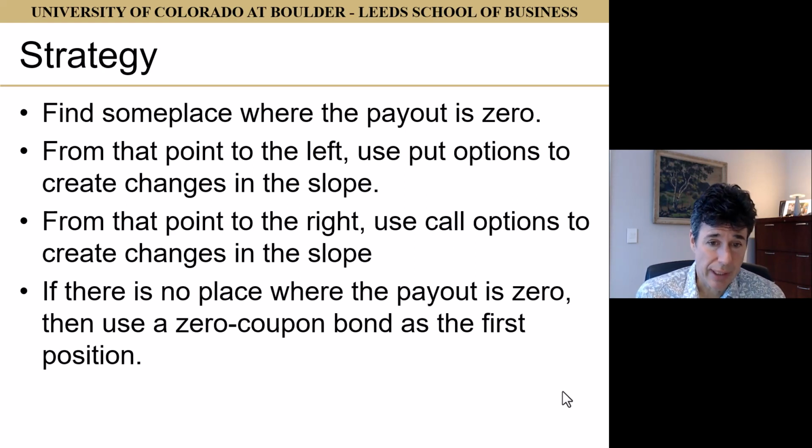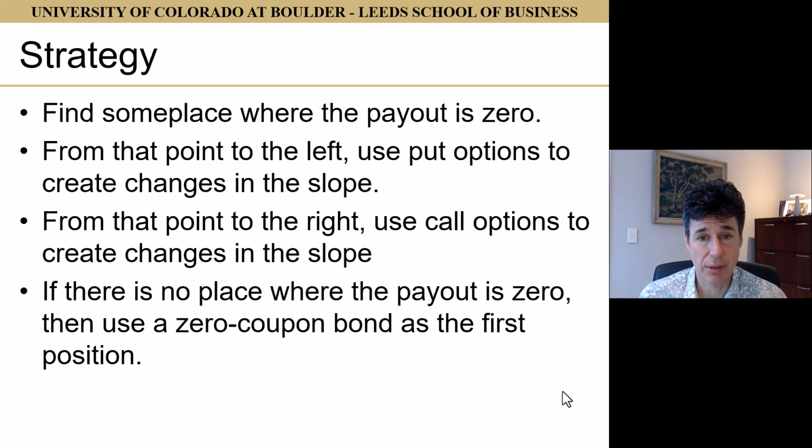If, and it could turn out, there's no place where the payout is 0, then what we do is we use a 0 coupon bond as the first position. So basically we can shift to some level, which is our starting point. This all works, and the thing to remember is there is no one solution to what is the portfolio.